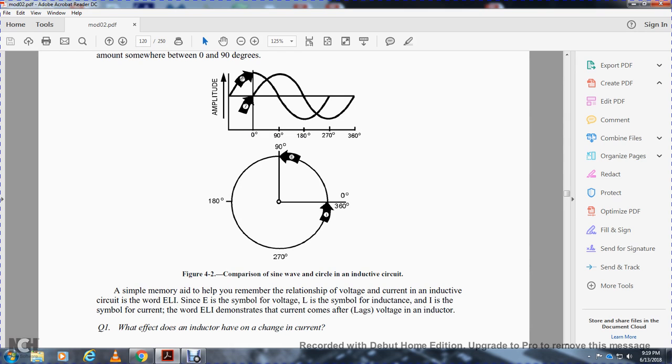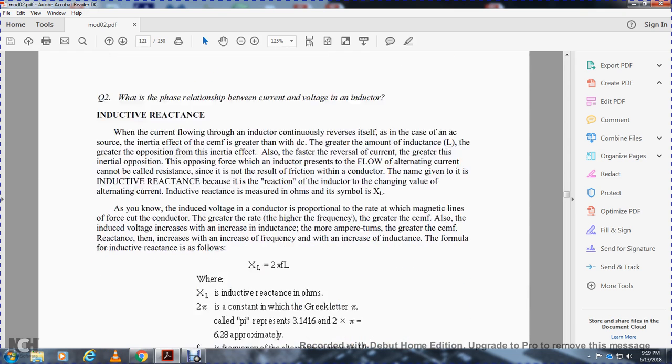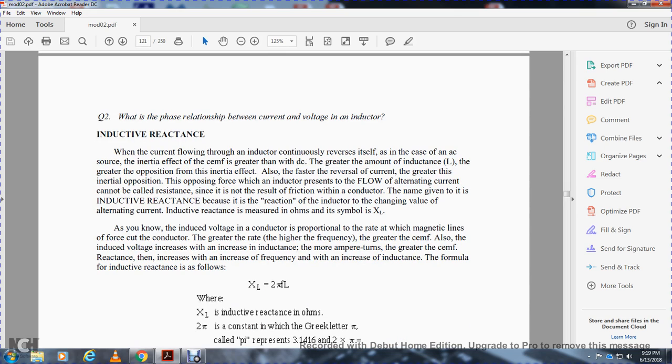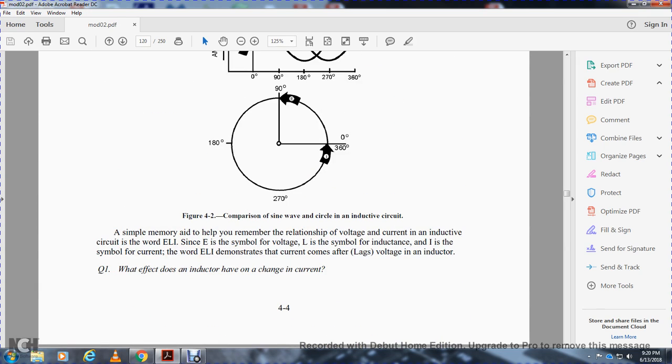So the voltage comes before the current, to demonstrate that the current lags the voltage in an inductor, or inductive resistance. So you are getting a quarter phase influence, which would give you your 0 to 90.